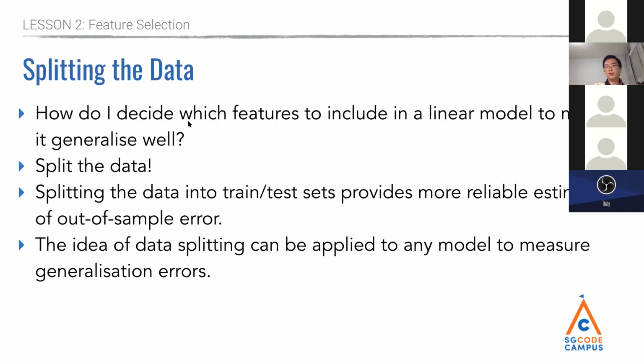Then if you test on the testing data set, you probably will find a huge gap between the MSE. That will be a hint that probably your model is overfitting, or we say it's a high variance model. High variance is the same thing as overfitting.